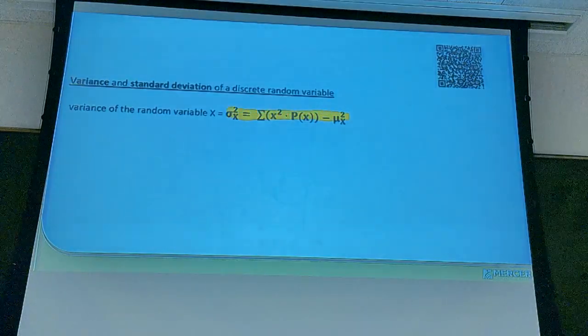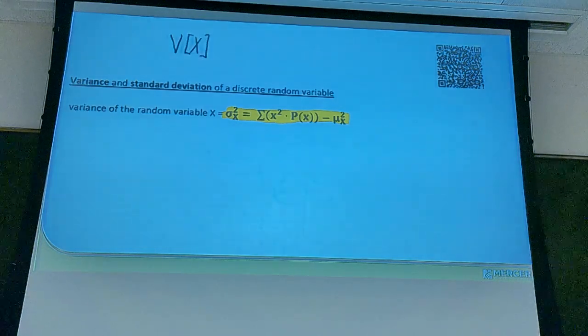Again, there are two notations. Sigma sub x squared, which corresponds to what we use to measure population variance, sigma squared, or V of x.